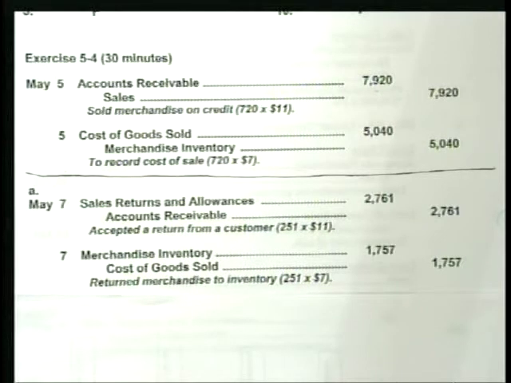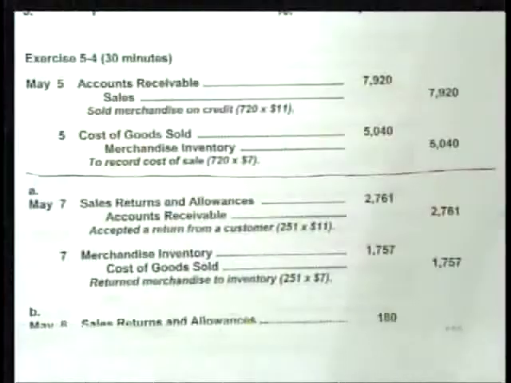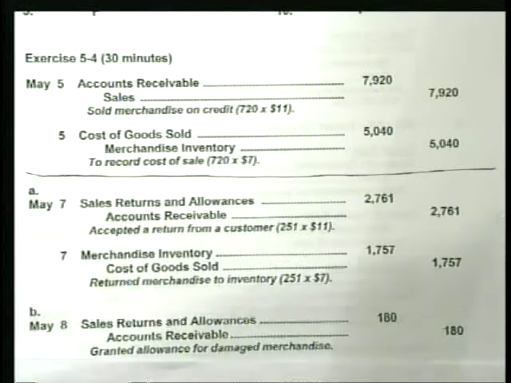All right. Letter B, on May 8th, Radica discovers that 60 units are damaged but are still of some use and therefore keeps the units. Mechanic Parts, that's us, we send Radica a credit memo for $180 to compensate for the damage. Okay. Now here we don't return any items to inventory.